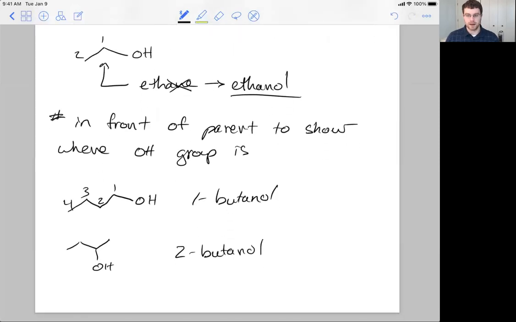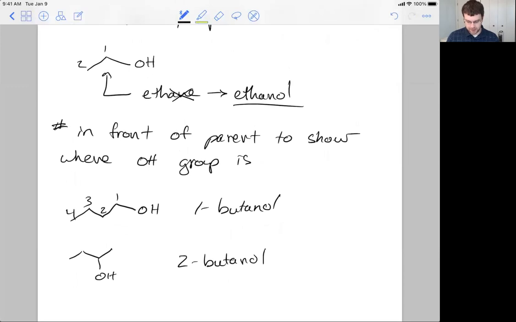Okay. And we could have cyclic rings with these. We could have a methyl group and an OH group. So this would be 2-methyl-1-cyclohexanol. And sometimes people leave the 1 off. Frequently people leave the 1 off, but for now, let's include the 1.